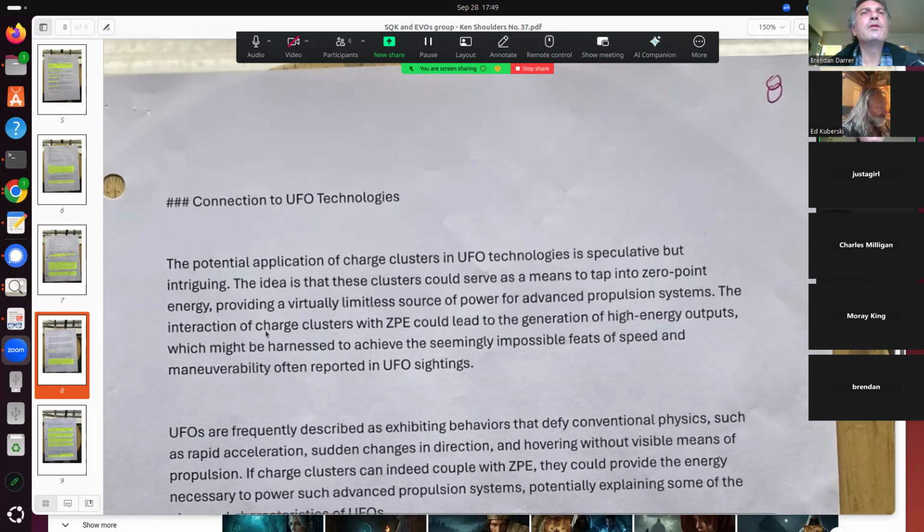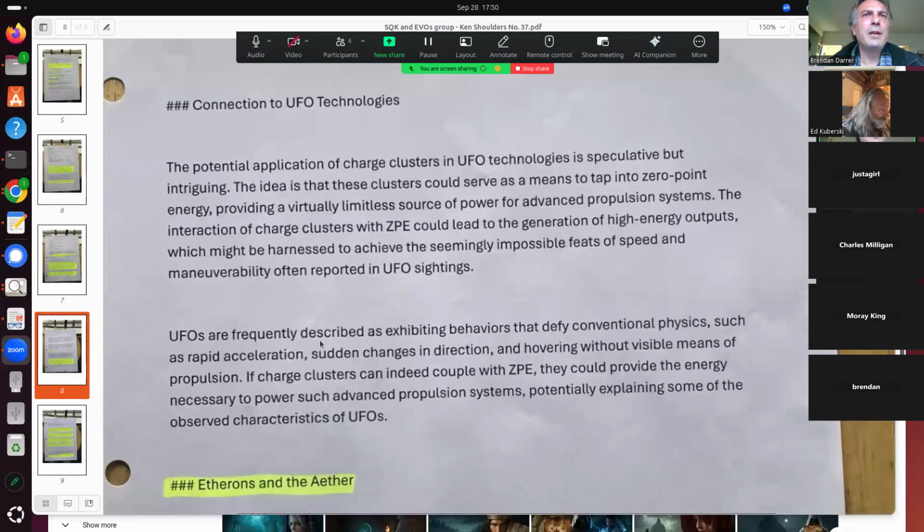The interaction of charge clusters with zero-point energy could lead to the generation of high energy outputs, which might be harnessed to achieve the seemingly impossible feats of speed and maneuverability often reported in UFO sightings.